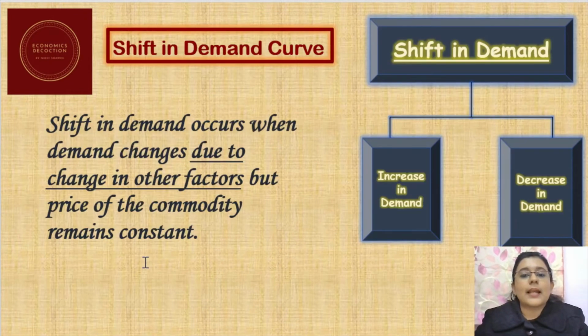Now let's understand what is shift in demand curve. Shift in demand curve basically occurs when the demand changes due to change in other factors, but the price of the commodity remains constant. Shift in demand curve can basically be categorized as increase in demand and decrease in demand.